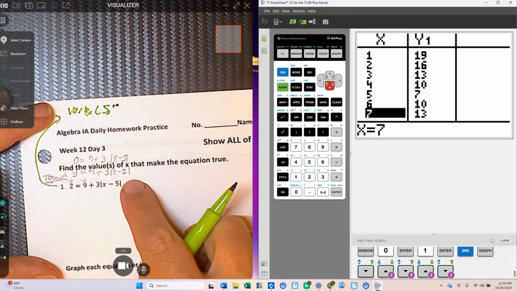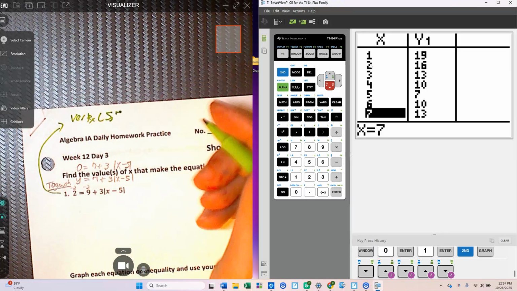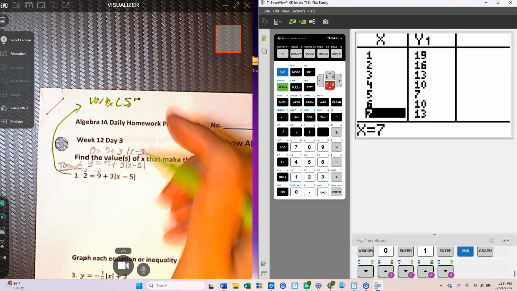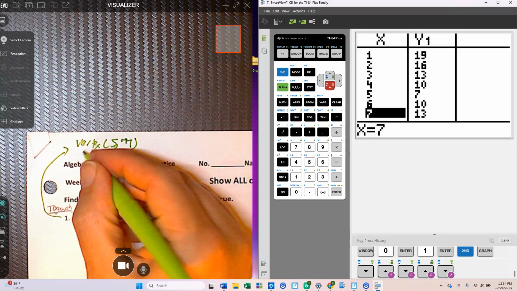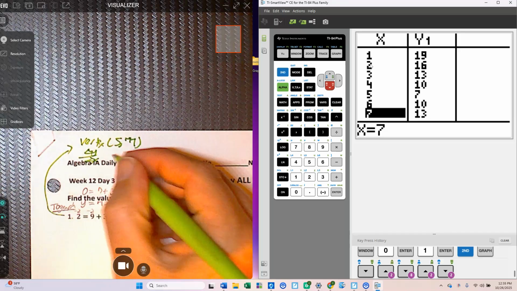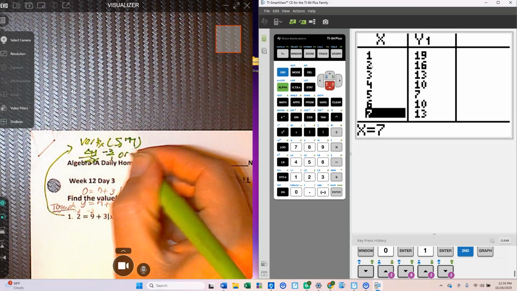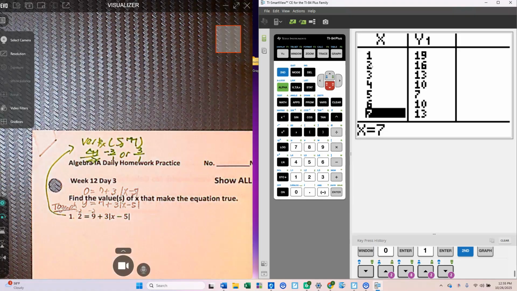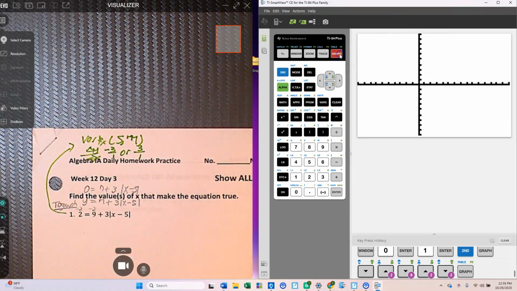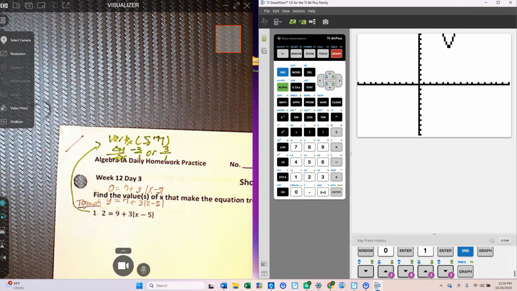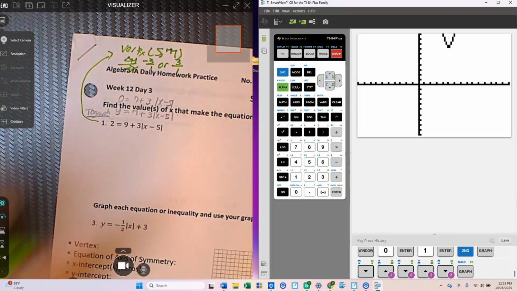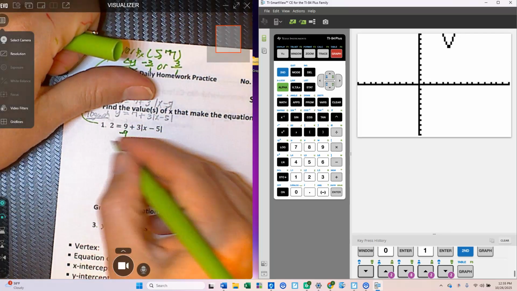You've got to get it equal to 0. And now the vertex is 5, 7. The change in y we actually just saw from the table is -3/1 or 3/1. And this one's going to be no solution because when we solve it, we're going to get the absolute value of a negative, so -9.